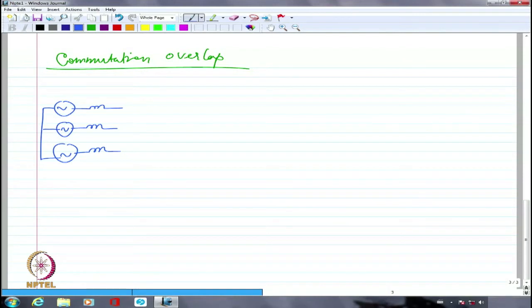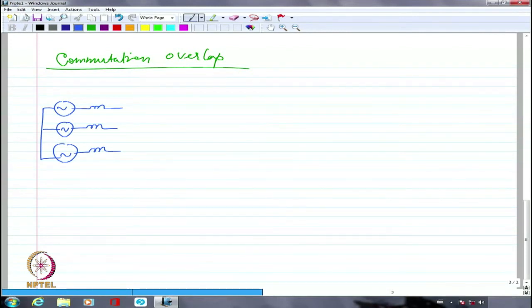What I require in my industry may be 415 volts. So I may have a step down transformer sitting in my incoming supply point, right? So this indicates essentially the leakage reactances of my transformer if I am talking about a factory. If I am talking about a big traction kind of thing, it may be transmission line inductances.